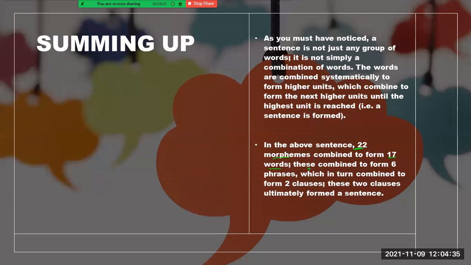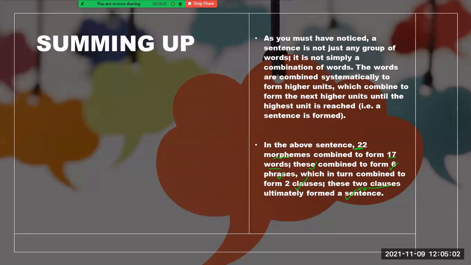Now, the 17 words combined to form 6 phrases, all right? And these 6 phrases in turn combine to form 2 clauses. These 2 clauses then combine to form a sentence. So that is how the units of grammar work in English.